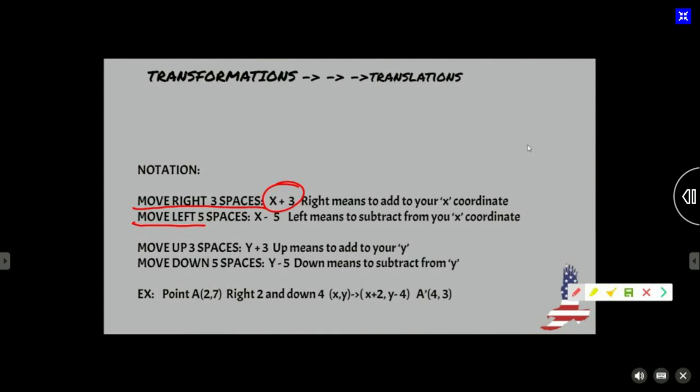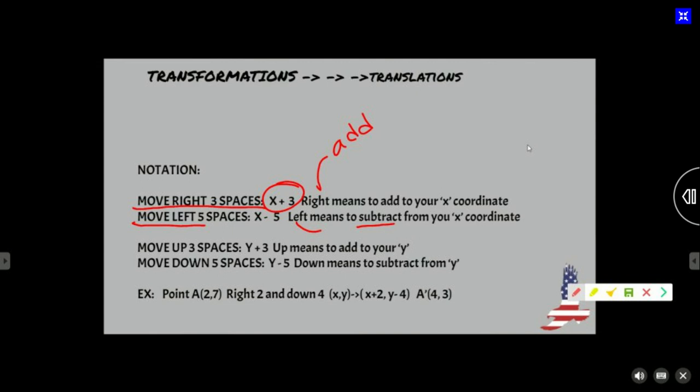If I say right, that says add to the x coordinate. These are the things you're going to have to know, because that's what I'm going to tell you. I'm going to say translate this image 3 spaces to the right. If I say left, that means you're going to have to subtract.